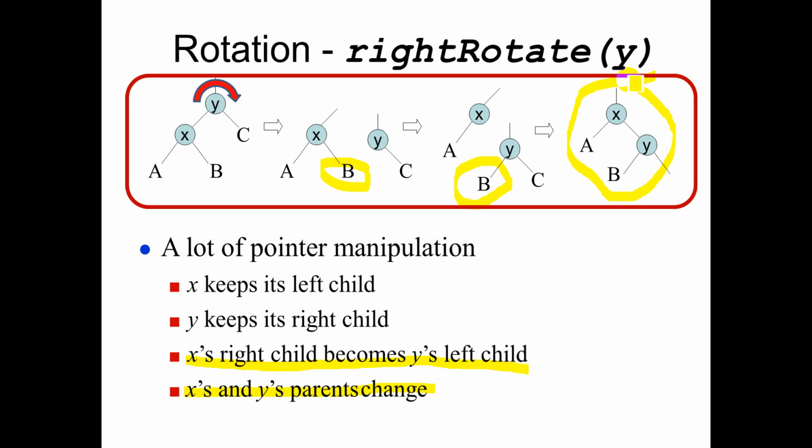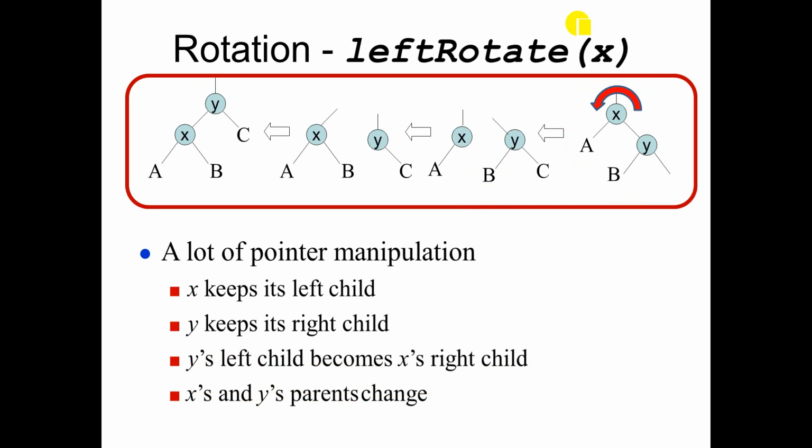Now we can look at the left rotation here. This is our tree, and we are trying to rotate the X node. When we do the rotation, in the first step it will become like this.